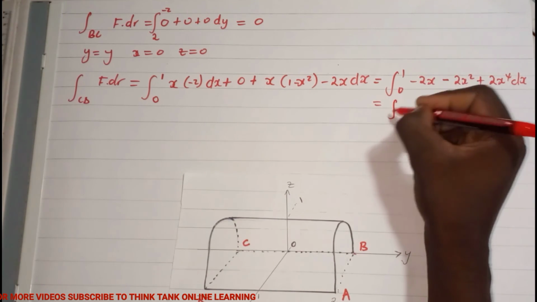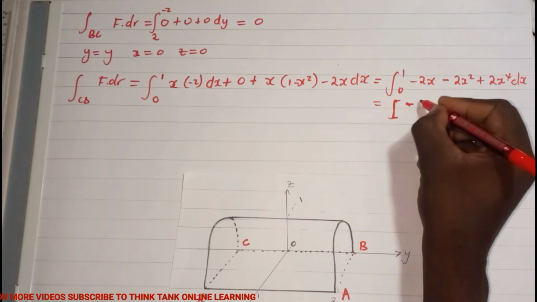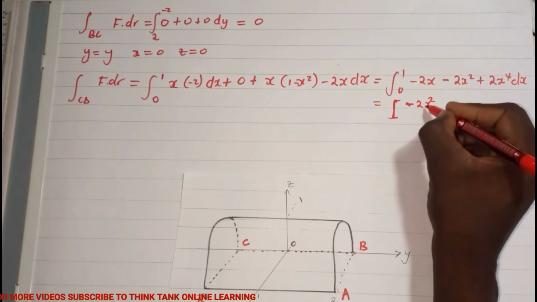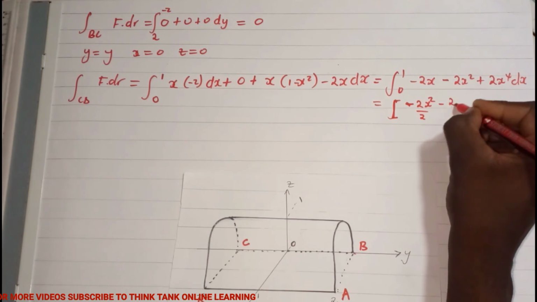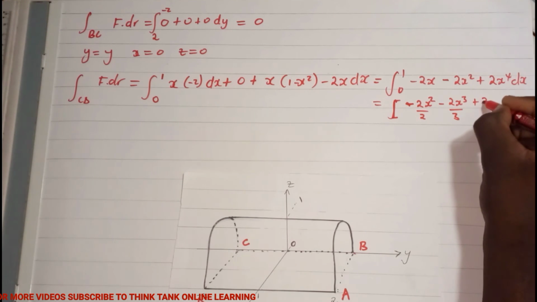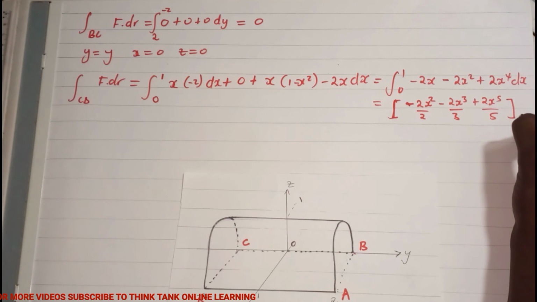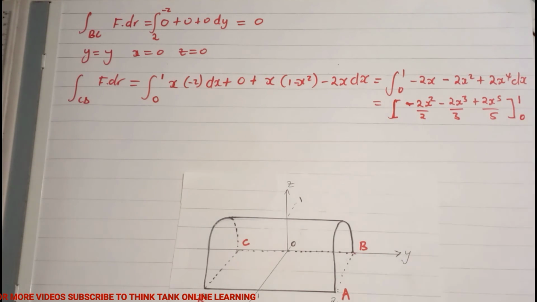So we get -2x to the power 2 over 2, minus 2x to the power 3 over 3, plus 2x to the power 5 over 5, with limits 1 and 0.